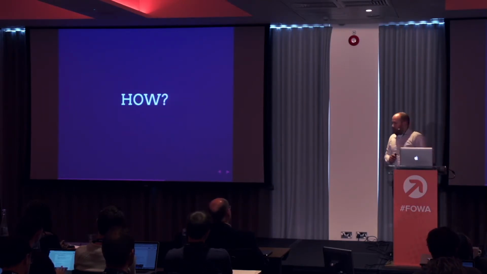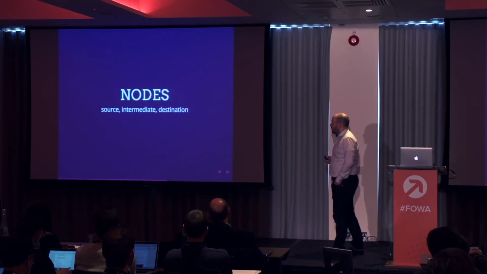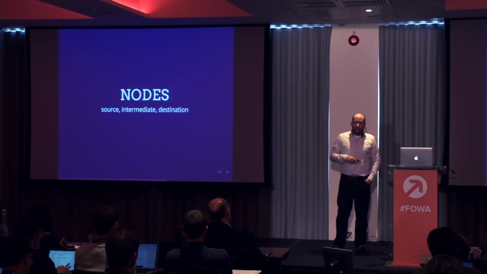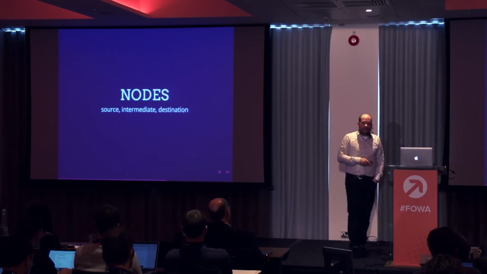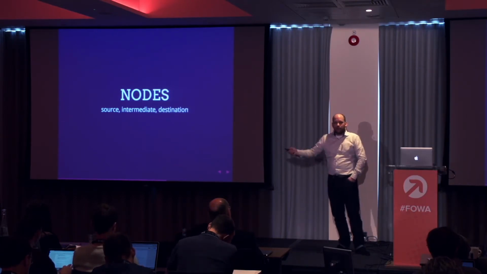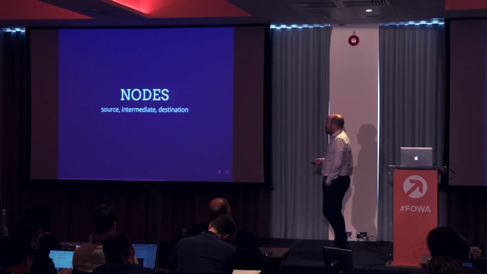So let's see how this works. The WebAudio API defines nodes, where you have a source node that can be a microphone, an oscillator, a sound file, or even some remote sound API. I think Sid is going to talk about that tomorrow.